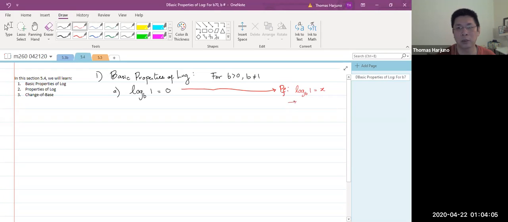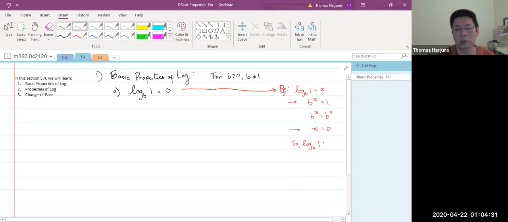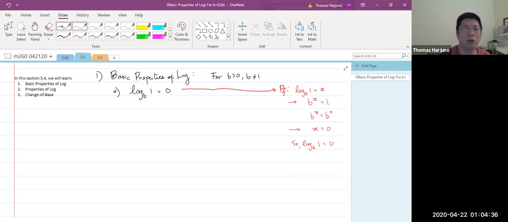Then b to the x equals 1, right? But we can write that 1 as b to the 0, right? Now, by one-to-oneness of the exponential function, the exponent must be the same. That's how we get that log base b of 1 is 0. So as long as the argument is 1, the value of that log is 0.